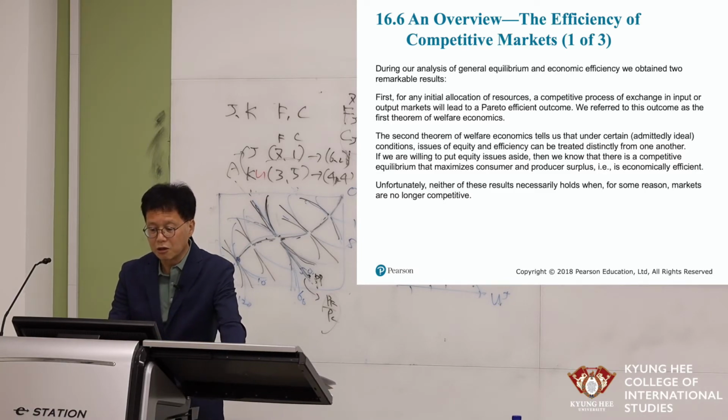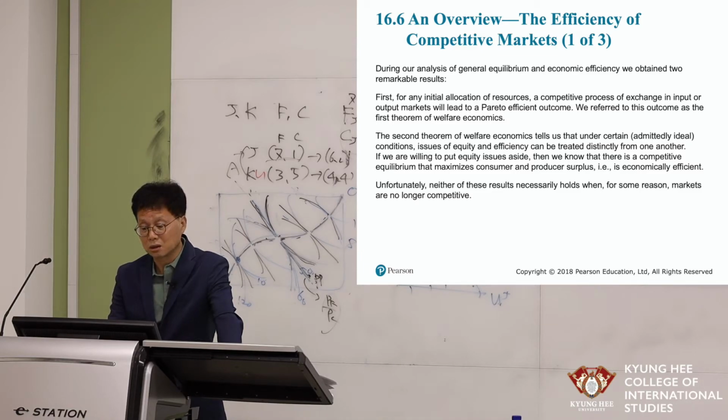Okay? During our analysis of general equilibrium and economic efficiency, we obtained two remarkable results. Number one, for any initial allocation of resources, a competitive process of exchange in input or output markets will lead to a Pareto efficient outcome. We refer to this outcome as the first theorem of welfare economics.